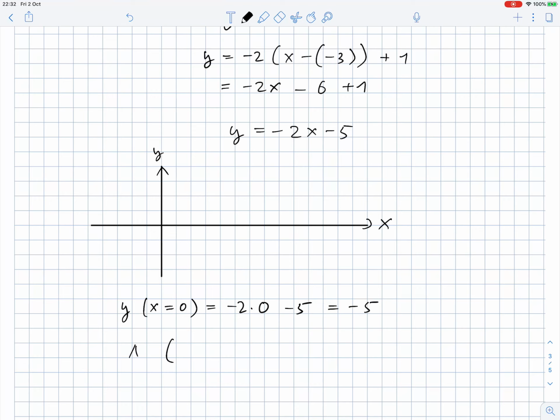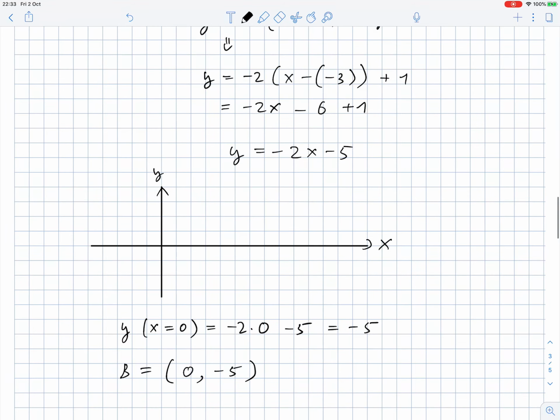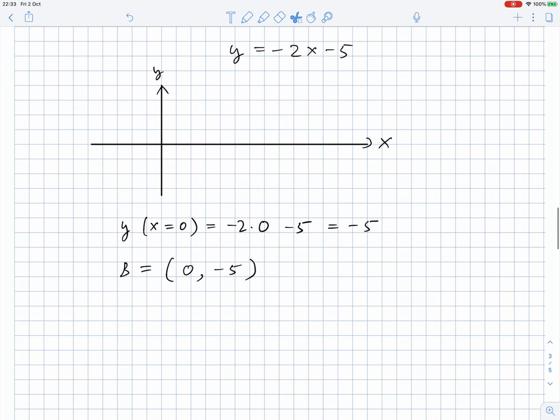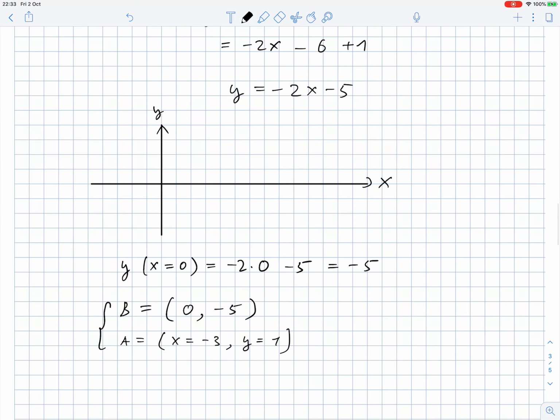It's called B, x equals 0 and y equals minus 5. We already have another point, x equals -3 and y equals 1. Let's copy this point, and there we go. We have 2 points, and 2 points are enough to draw a straight line between them.